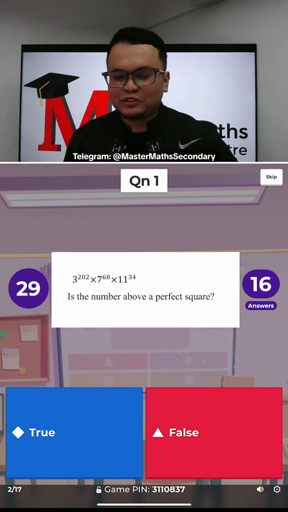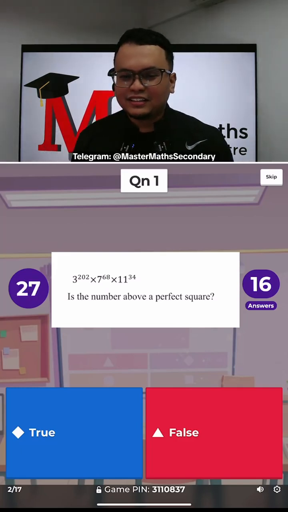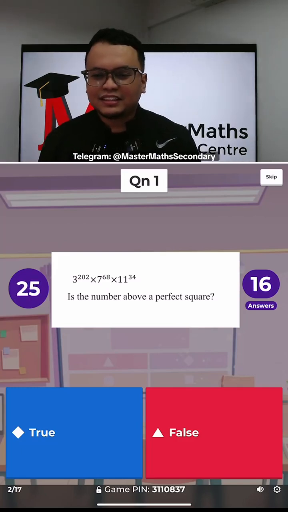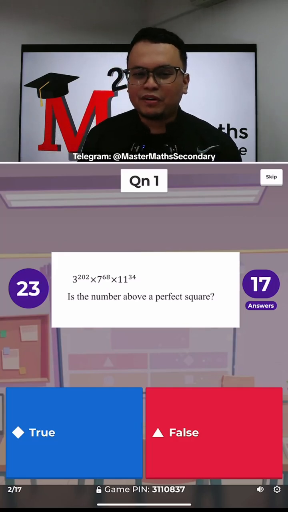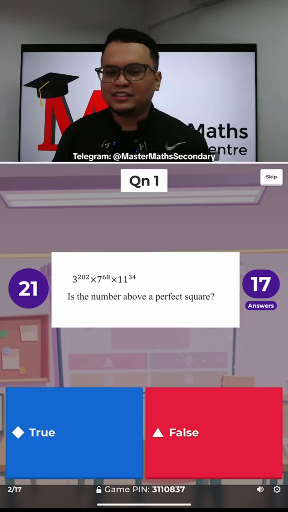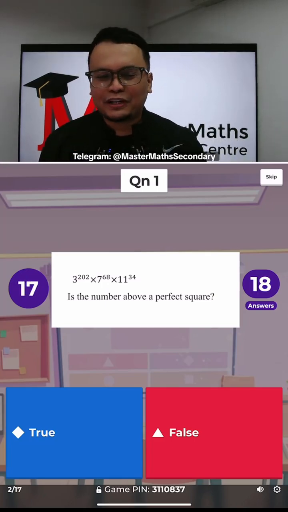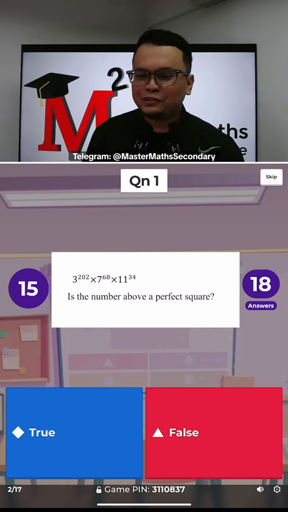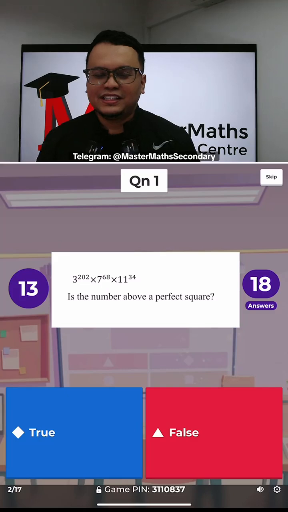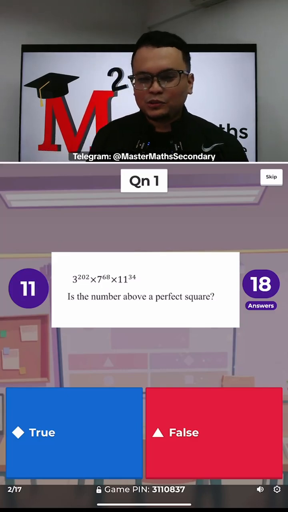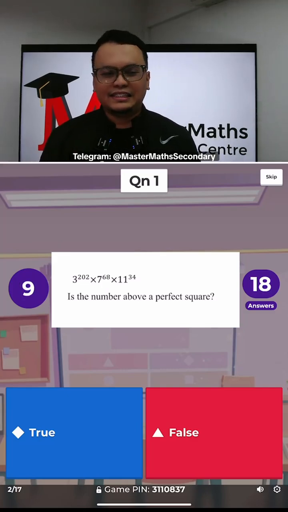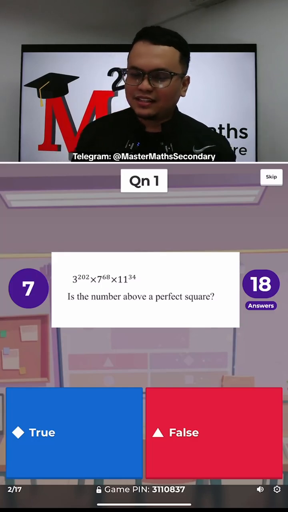Math error, yeah, because it's a very, very big number. So your calculator cannot help you here. Those of you who are punching your calculator, I think you forgot what to do here. You don't actually have to use your calculator at all. The secret is to look at the indices, the powers.